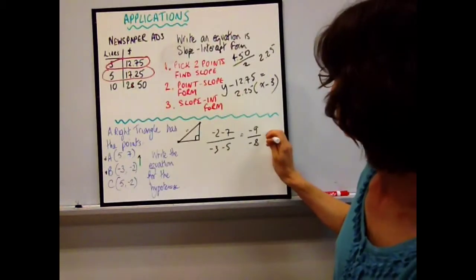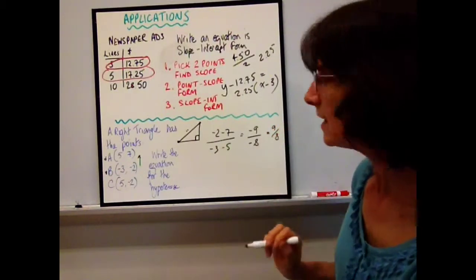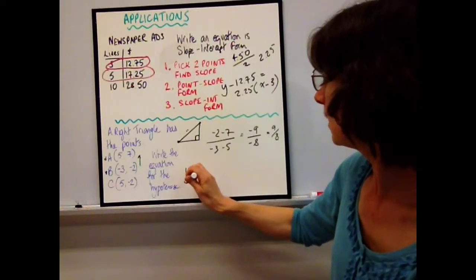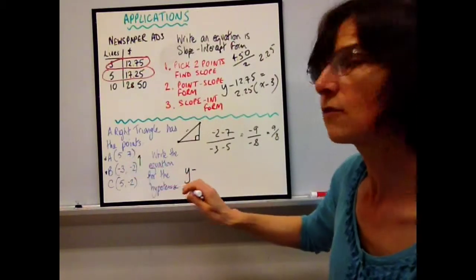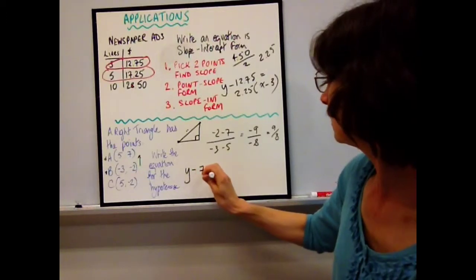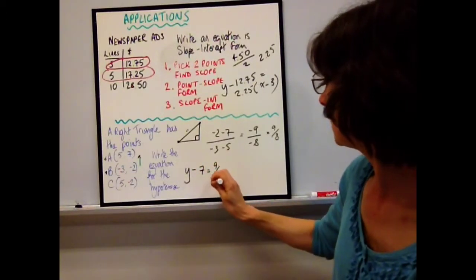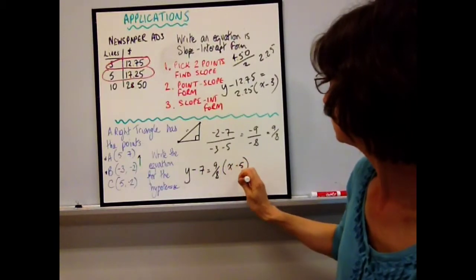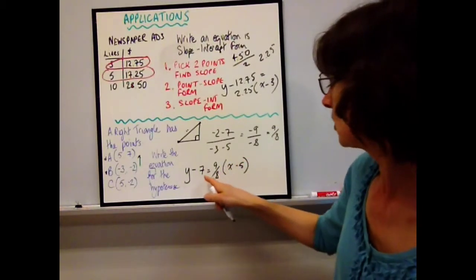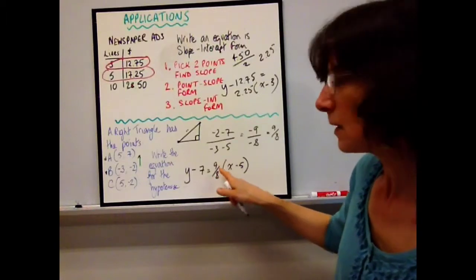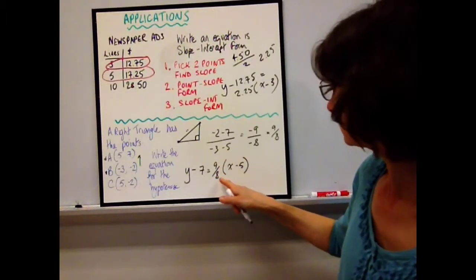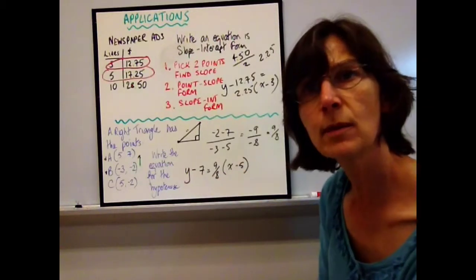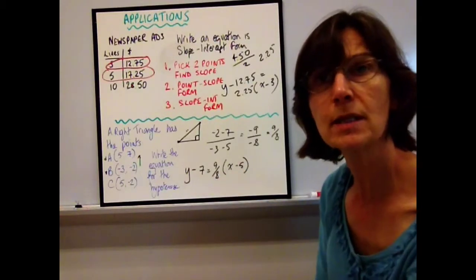So this would simplify to 9 over 8 as a slope, and then we're going to plug that in. y minus, I'll just pick the first point, 7 is equal to the 9/8 slope multiplied with x minus 5. And then we would continue, multiply through by the 9/8, and that would be 45 over 8, and then I would add 7 to both sides. And we would have it in slope-intercept form.